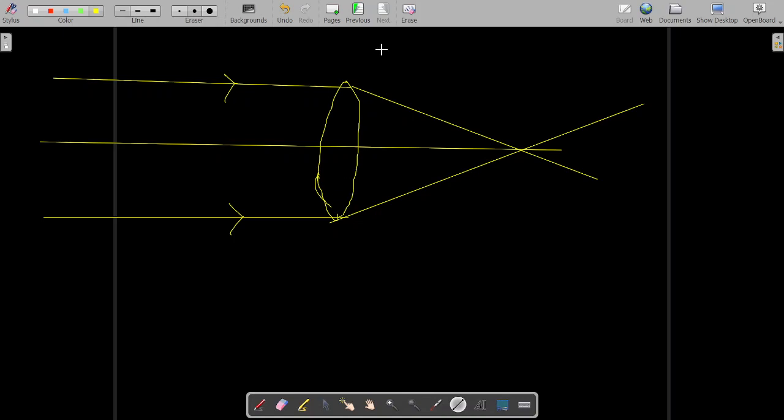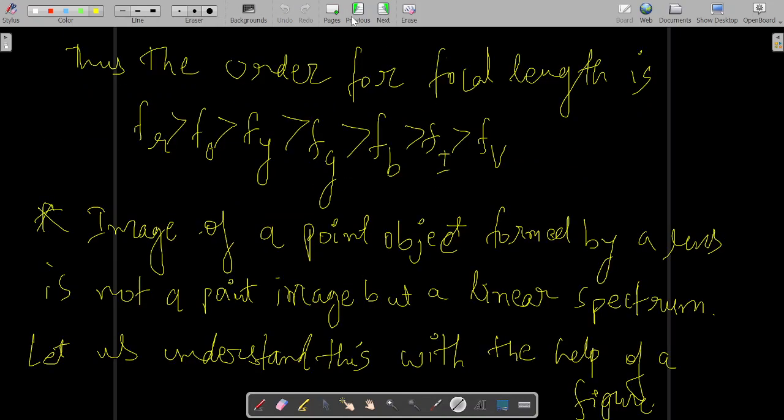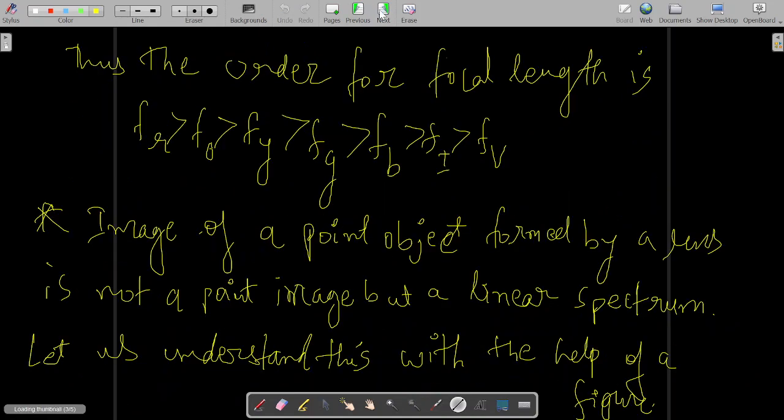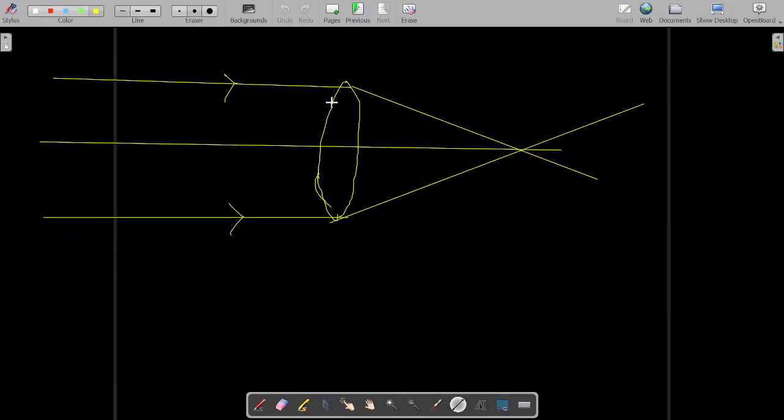But in reality, I have already told you that the refractive index for violet will be maximum. From this expression you can see that the refractive index for violet is maximum and the refractive index for red is minimum. So violet will undergo maximum deviation.